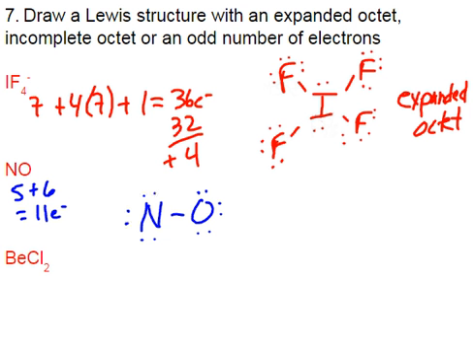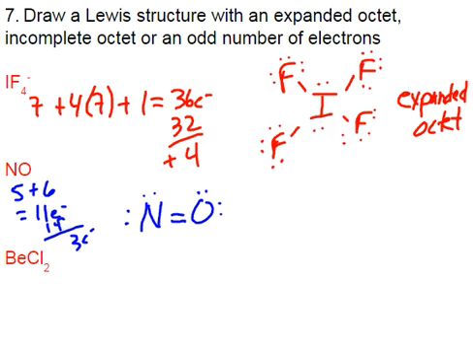That would be 2, 4, 6, 8, 10, 12, 14. So that's 3 electrons too many. So 2 double bonds is too much. 1 double bond's not going to quite take care of it, but 1 double bond will make it better.